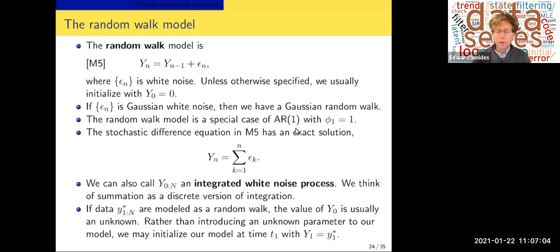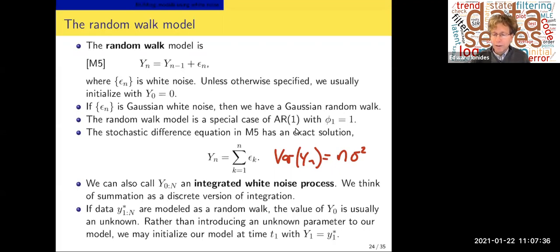One thing that you can get from this is the variance of yn. The variance of yn, it's a sum of independent things, so the variance is n sigma squared, where sigma squared is the variance of any epsilon.